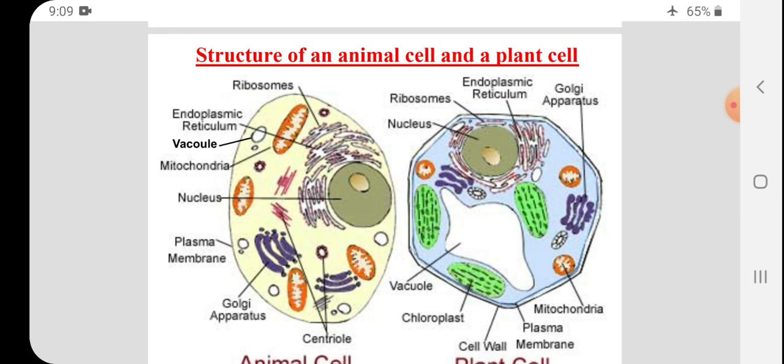Here, the major differences are that the plant cell has a cell wall, chloroplast, and the vacuoles are generally larger, whereas in an animal cell the cell wall is absent, vacuoles are there but very small, and no chloroplast or green pigment is found in the animal cell.